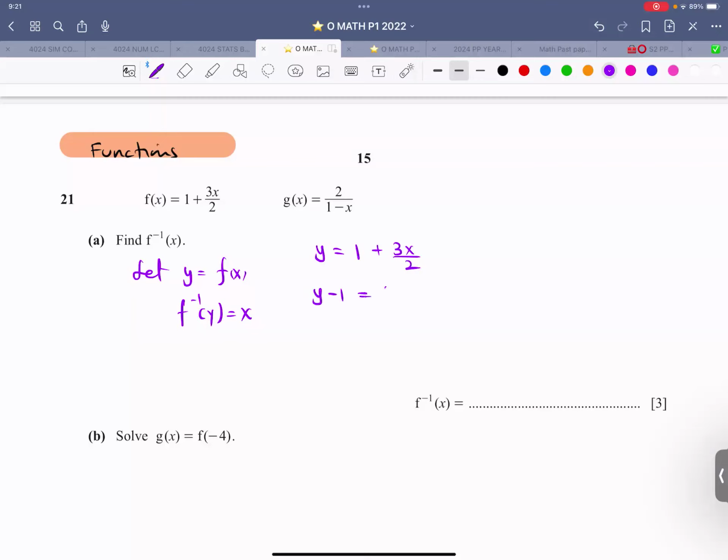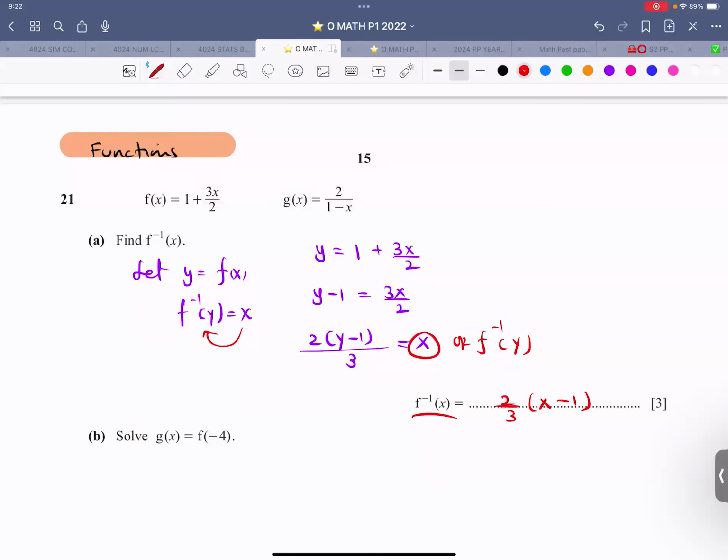Y minus 1 is 3x over 2. Therefore, 2 times y minus 1 divided by 3 equals x. But what is x? X is f inverse y. We have a habit of writing everything in terms of x. So f inverse x is equal to 2 over 3, x minus 1. No need to open up the bracket.